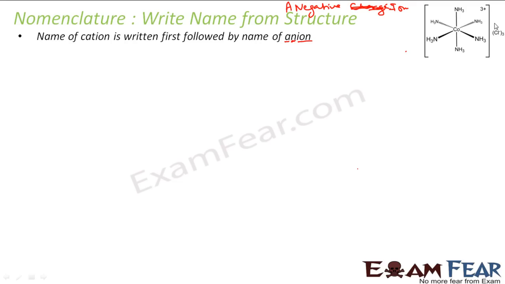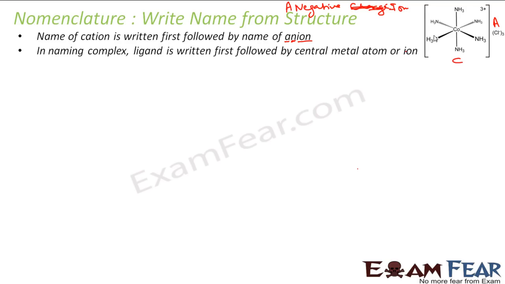So this is the anion and this is the cation. The cation is written first and then the anion. So in this case, first I'll write this and then I'll write this. Writing this part is easy. This is chlorine, so it will be chloride. But writing this complex part is a little complex. So let's understand how to write this complex part, the coordination sphere part.